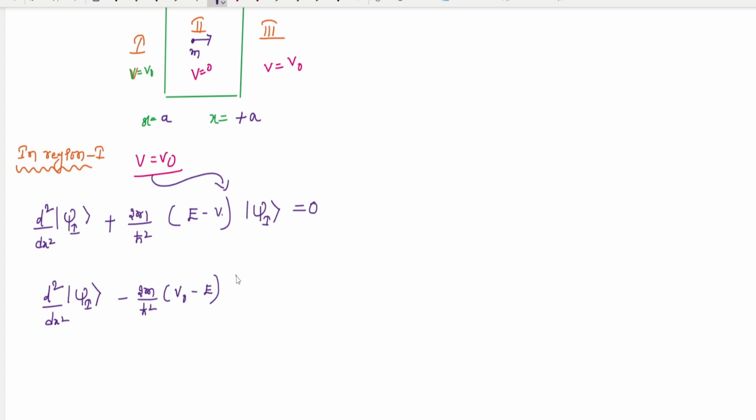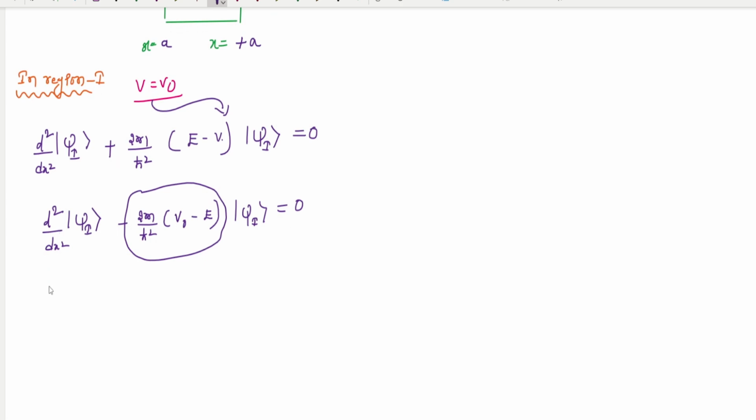Then the wave function is there, equal to 0. So this portion I am going to call alpha square. D square divided by dx square of the wave function psi, minus alpha square times the wave function psi in the first region, equal to 0.